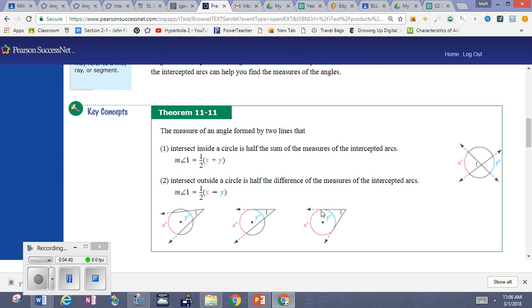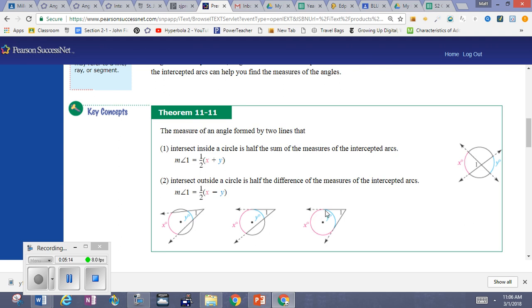Or we can have, as is the case here, an exterior angle formed by two tangents, where one part of the circle is X, and the remaining part of the circle is Y. Very often here, the problems are going to be like, I'm only going to give you, let's say, arc X and say it's 240, and ask how you're going to find Y. Well, if X is 240, then Y is the rest of the circle, because these are two tangents.